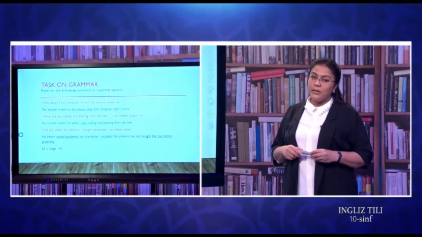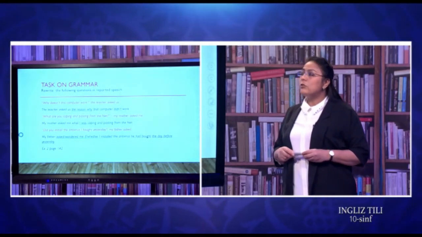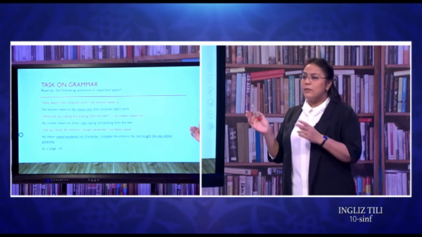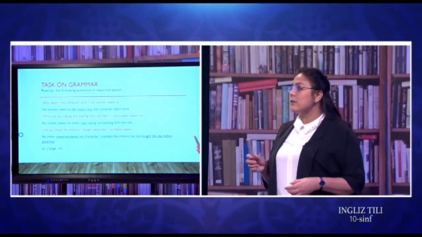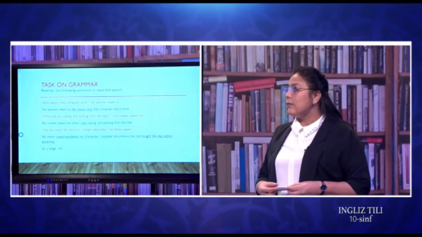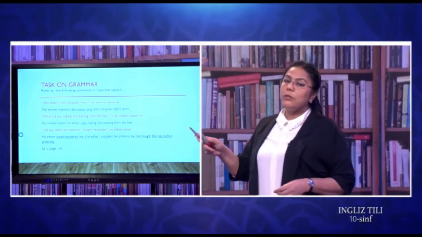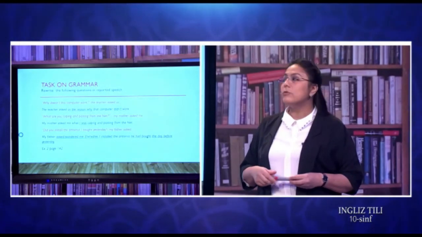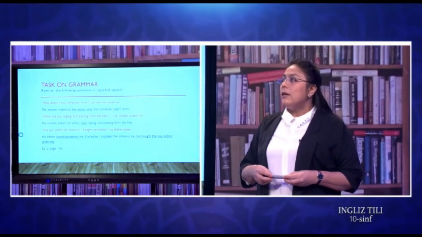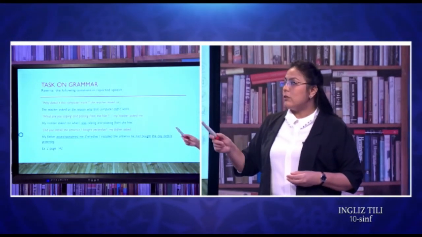If we change this sentence into reported speech, the first thing we will do is put "teacher asked us" in the first position. The teacher asked us the reason why that computer didn't work. If you paid attention, we changed some parts of the sentence. Even though the sentence was in the present form, the part "teacher asked" was in past form. That is why we use "didn't work."